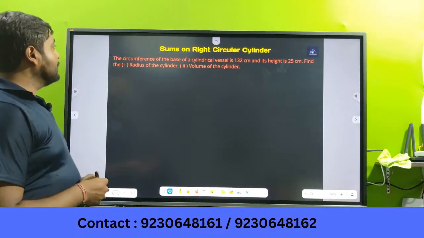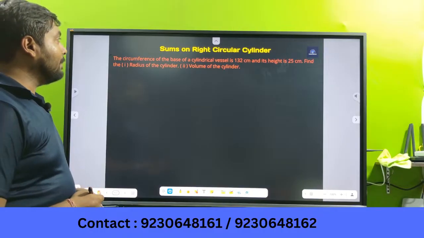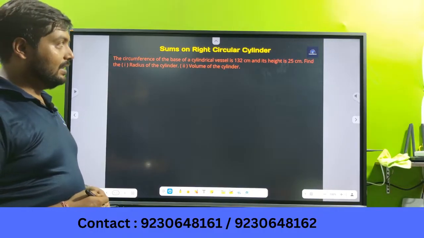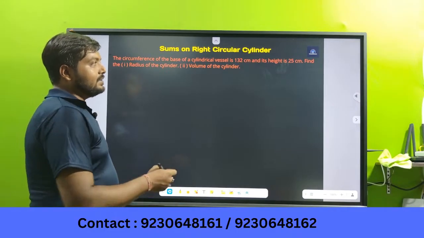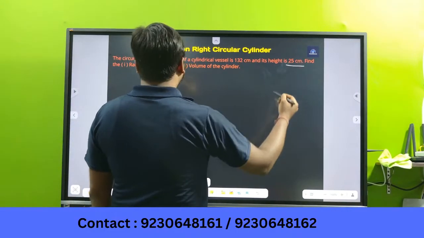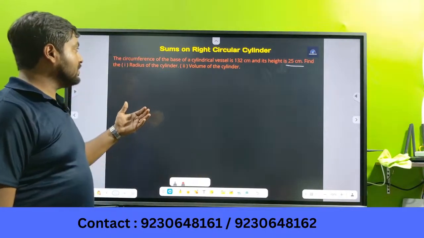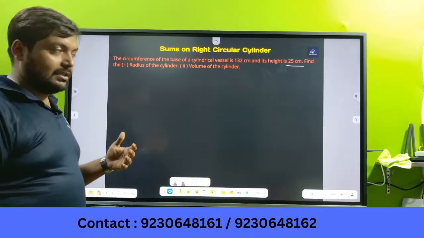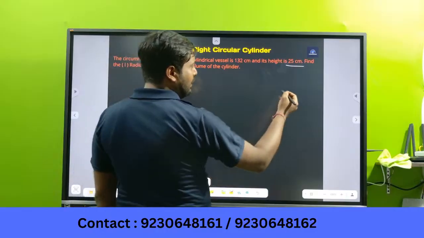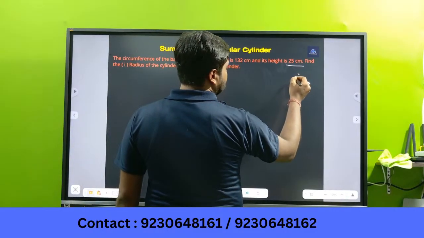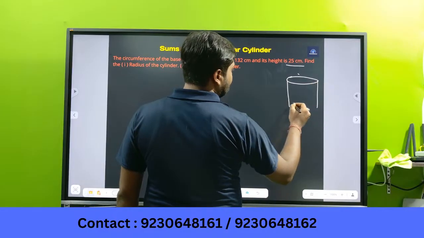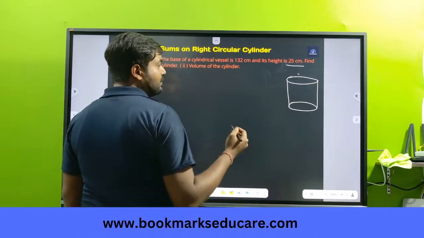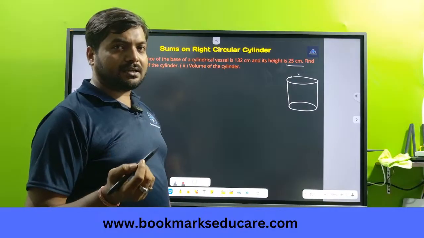The first sum is: the circumference of the base of a cylindrical vessel is 132 centimeter and its height is 25 centimeter. Find the radius of the cylinder and the volume of the cylinder. Basically, a cylinder is like this and its base is like a circle.